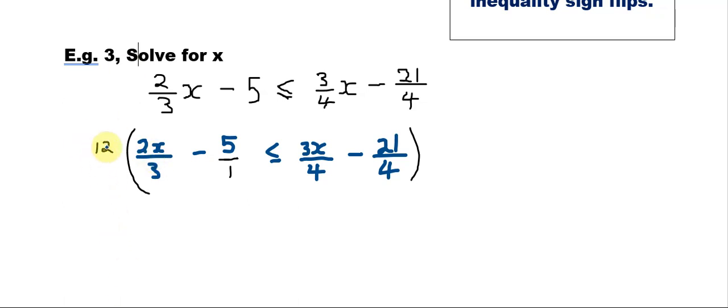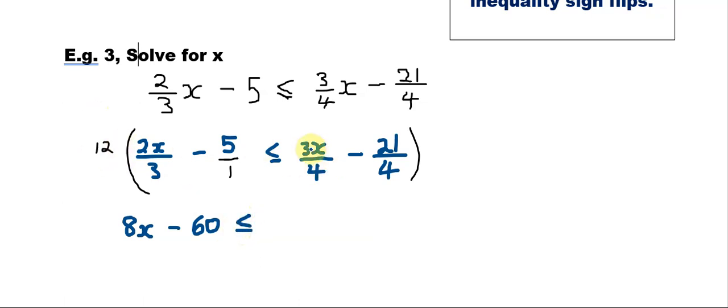So we'll end up having 4 times 2x, which will give us 8x. 12 times the -5 will end up giving us -60, less than or equal to.